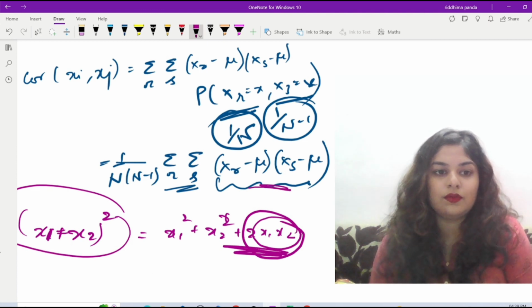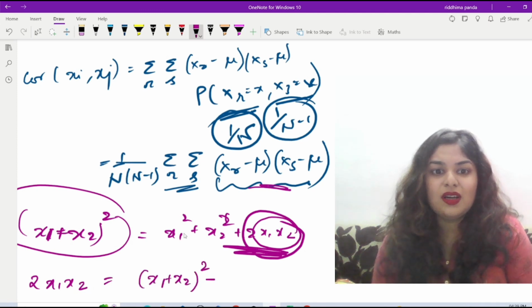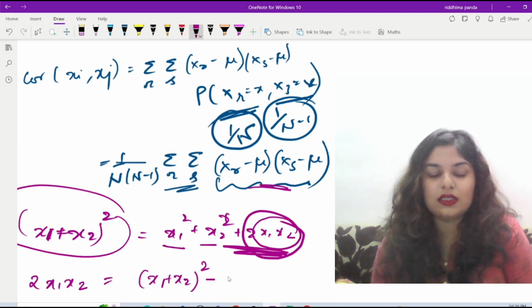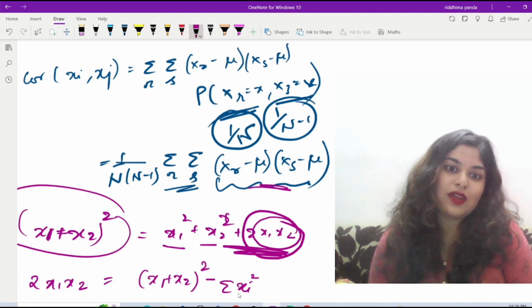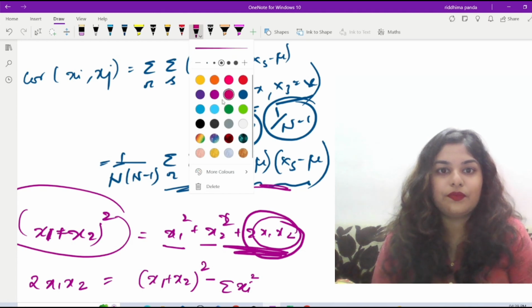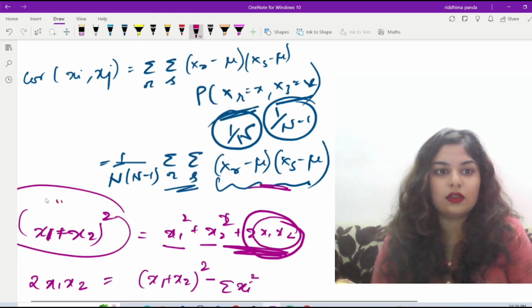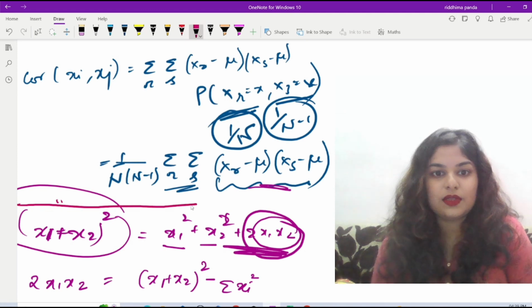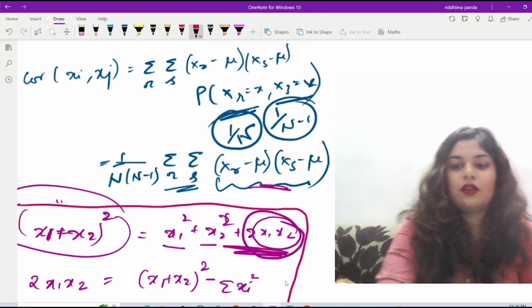What can we write for this product term? 2 times x1 into x2 is equal to the whole square term minus the summation of the single terms, that is, summation of xi square. So this is the summation whole square minus the summation of the square terms. So using this formula, this is just the formula we have used. Let me just cover it like this, as rough work.